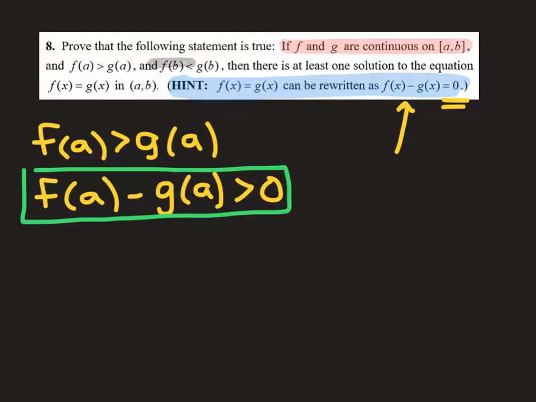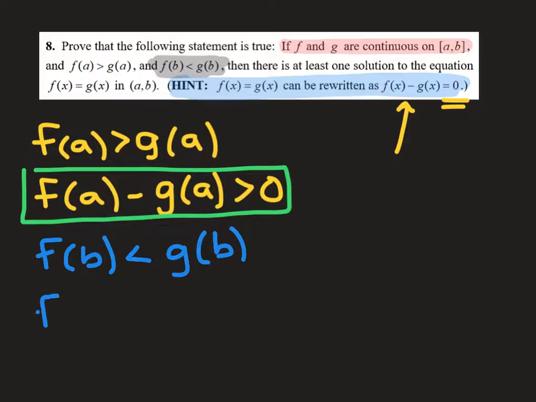Now, let's look at our next character here. This one right here. Let's rewrite that in a similar way, using that same technique. So we have f of b is less than, a smaller number than g of b. And if we do the same pattern and subtract that, we would get something that looks like this: the subtraction of that would give us a number less than 0.